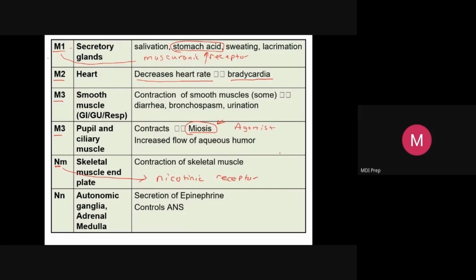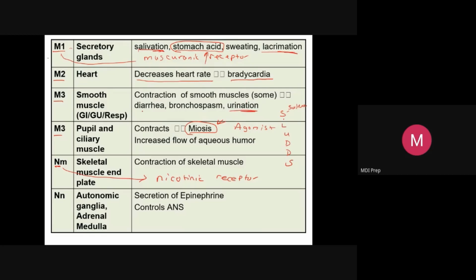Now, the other thing, you remember I told you earlier about cholinergics, we look at this mnemonic called SLUDS. S-L-U-D-S, right? The S stands for what? Salivation. So we got salivation. The L is lacrimation. The U is urination, right?